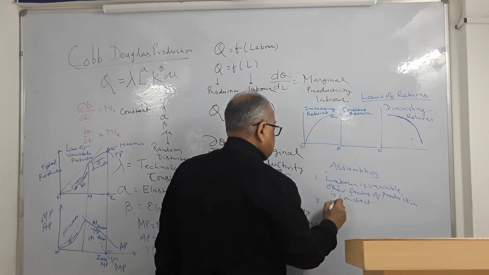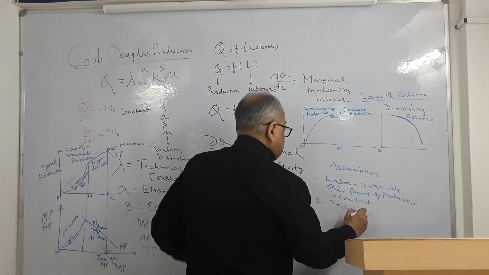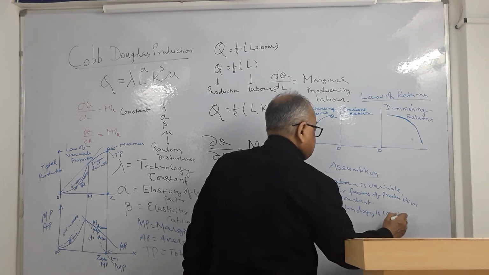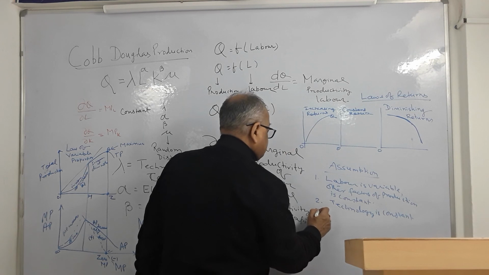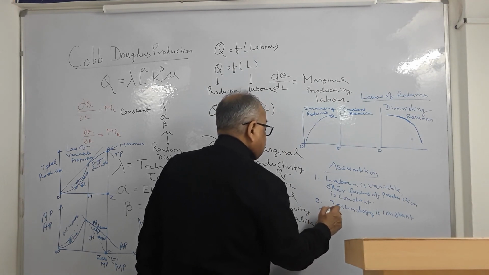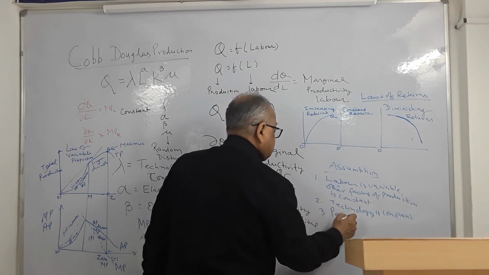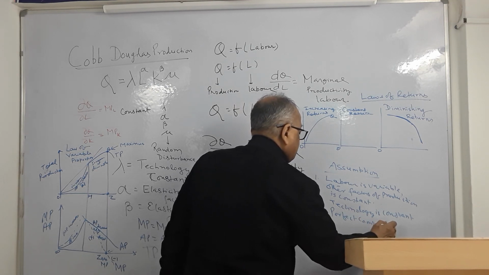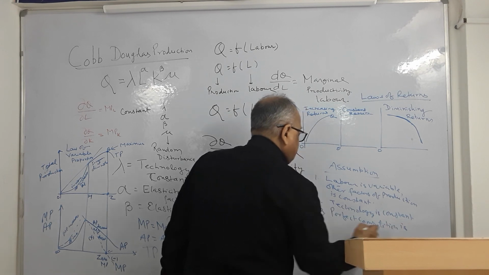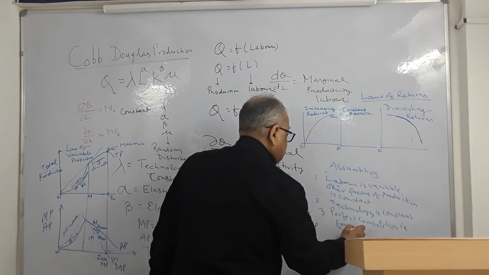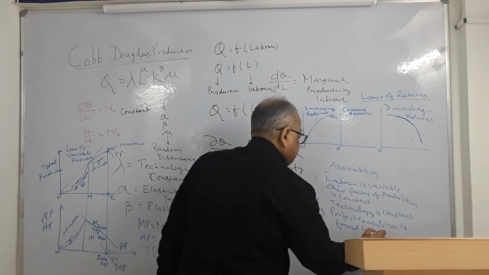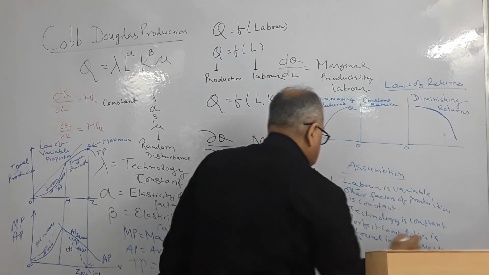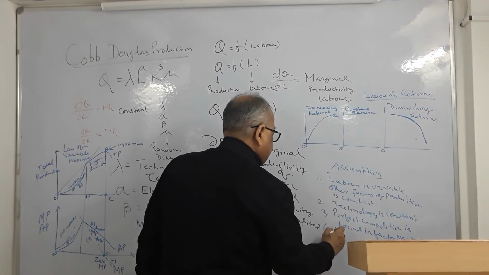Second assumption, technology is constant. Third is perfect competition, found in the factor market. Number four, perfect competition.